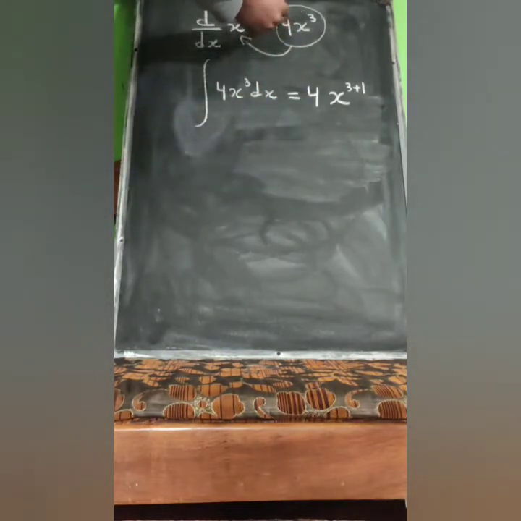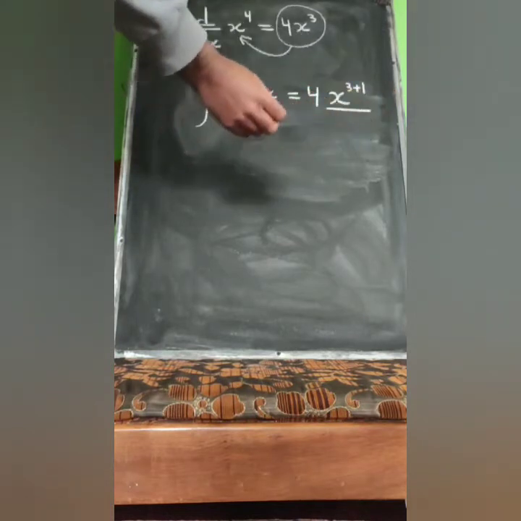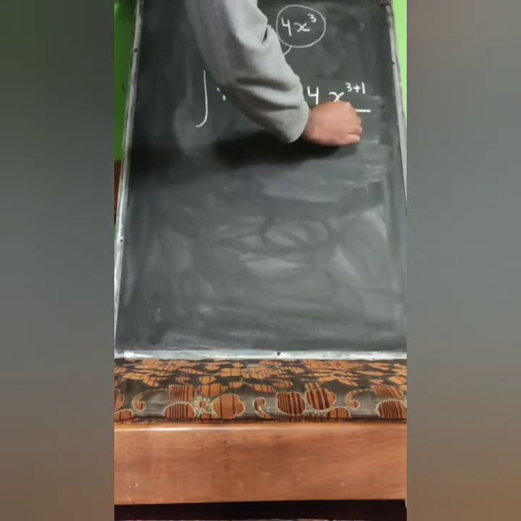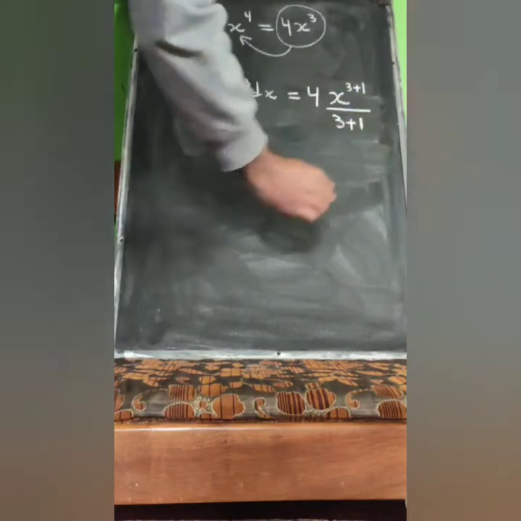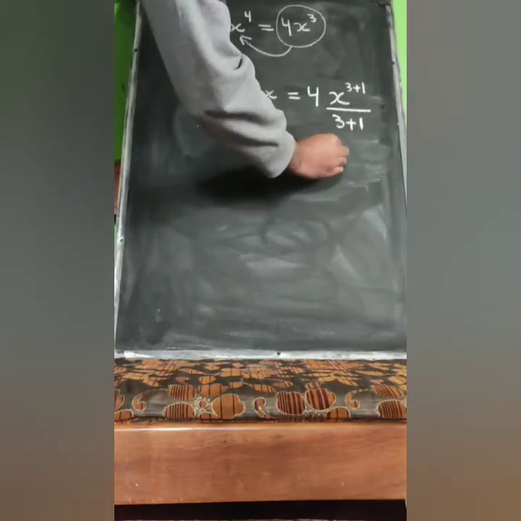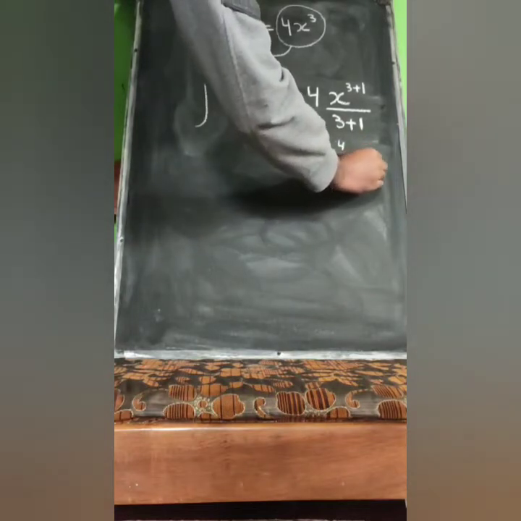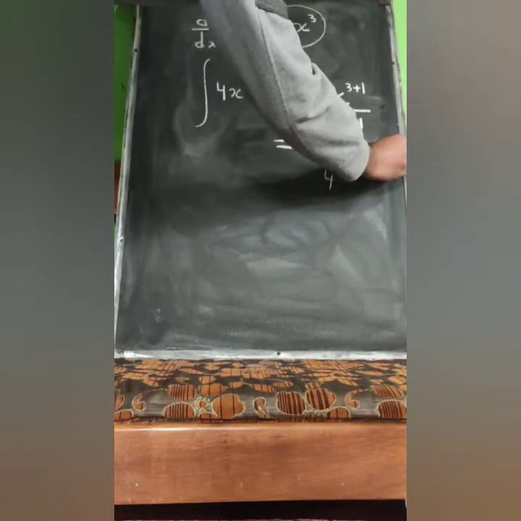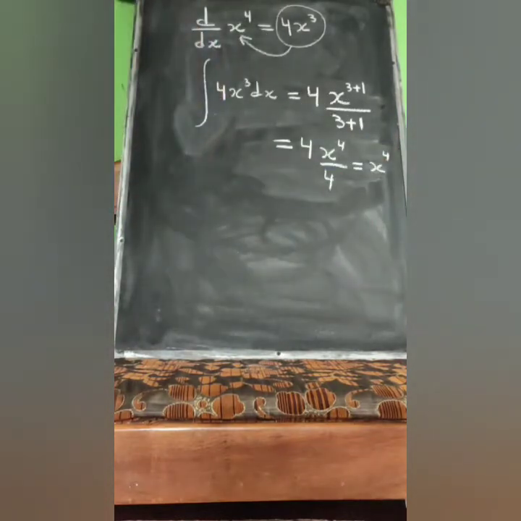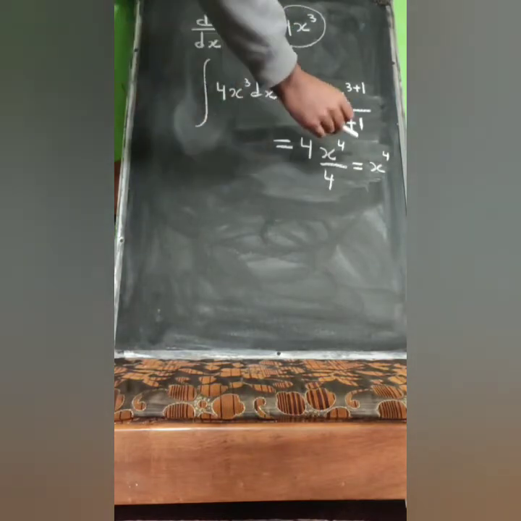Now again, in differentiation, we have multiplied this x cube with the exponent 4. In integration, we will do the reverse of that. We will divide by the exponent. So we get 4 x raised to power 4 divided by 4, that is equal to x raised to power 4. So in this way, we get integration of 4x cube equal to x raised to power 4.